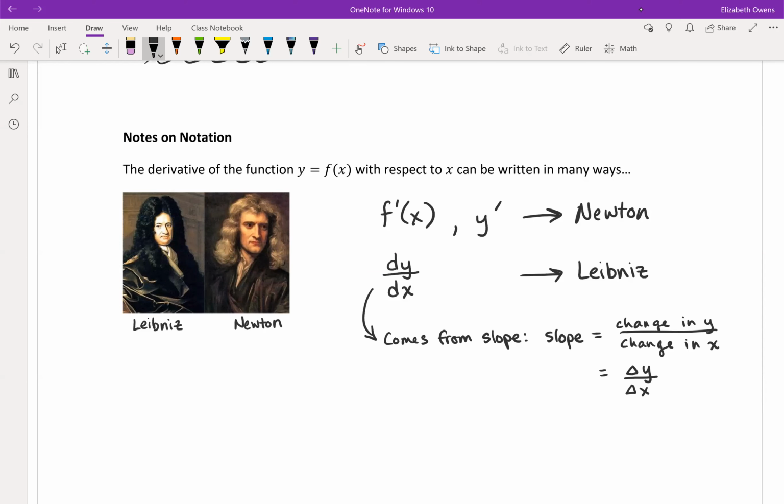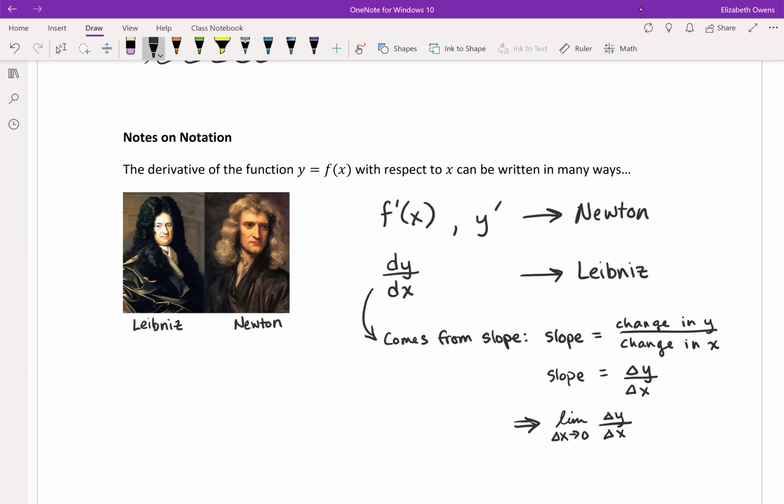And then for the idea of the derivative, we are taking that change in x smaller and smaller and smaller. If you take delta x approaching 0 on this, this is just kind of a derivation for the notation, by the way, not a real formula that you need to memorize. As you let delta x approach 0, it gets smaller and smaller, infinitesimally small.